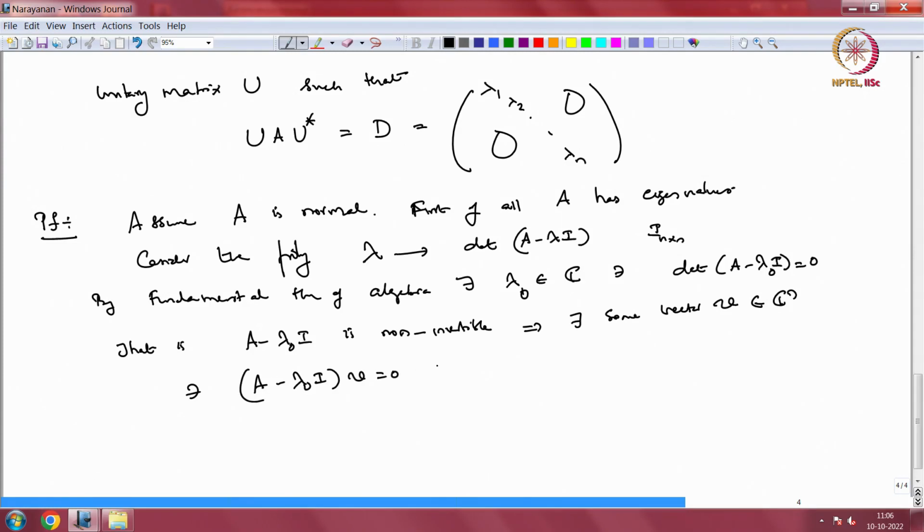It has to kill some vector, the kernel has to exist for it to be non invertible, which is the same as saying A v equal to lambda naught v, right. So, this is an eigenvalue. This is one of the advantages of the finite dimensional case, because proving that eigenvalues exist is easy. When you go to infinite dimensional cases, there are operators for which there is no eigenvalue, okay, that can happen.